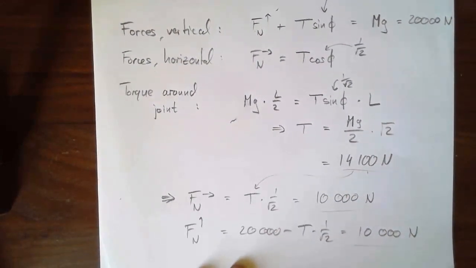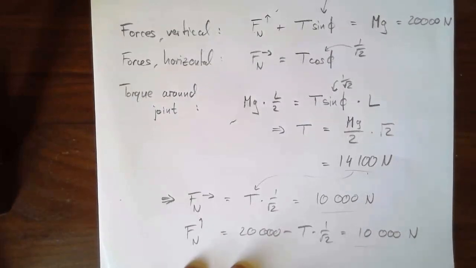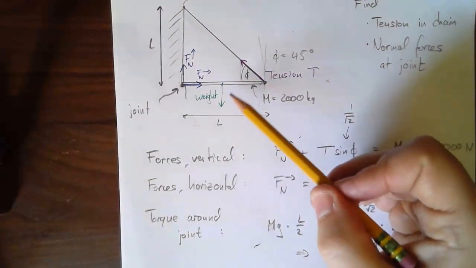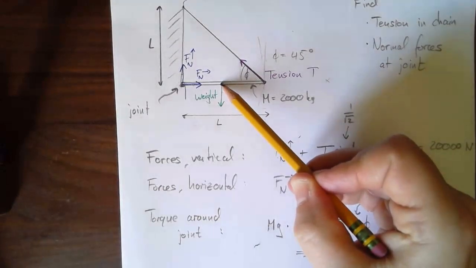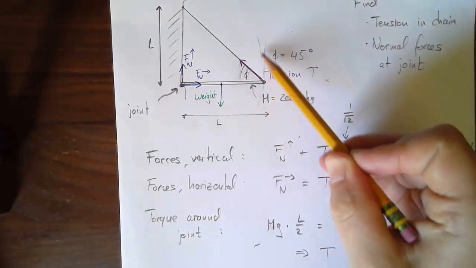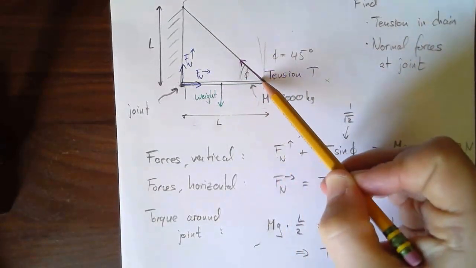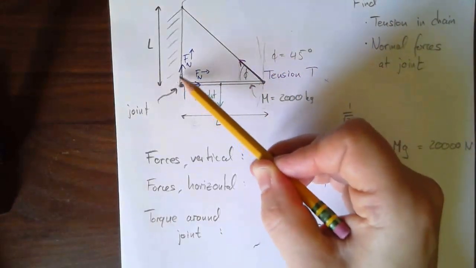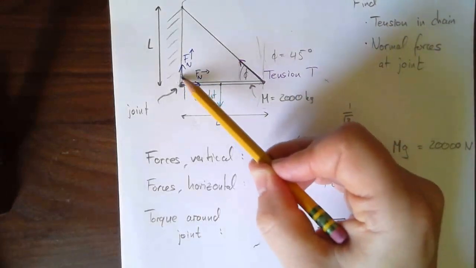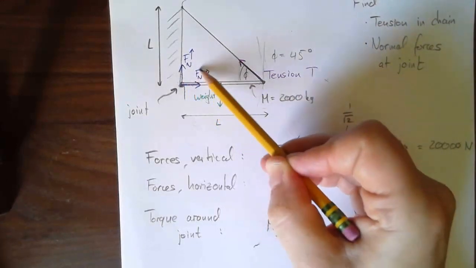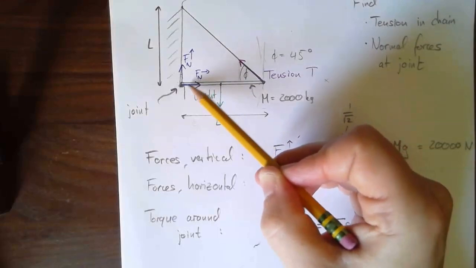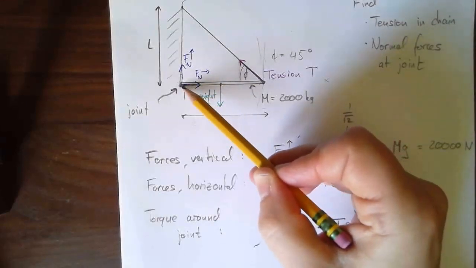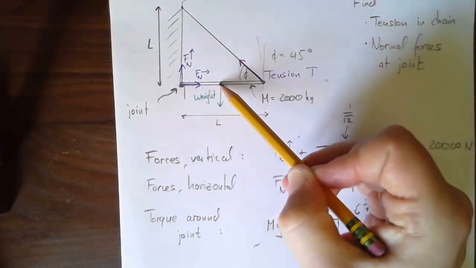Could we have solved this differently? Yes, we could have. We could have written down, say, the torque around this point here, in which case the tension, creating a counterclockwise torque, would have had to be cancelled out by the torque created by those forces. Actually, the horizontal one doesn't create any torque because it's in the wrong direction, right? It's towards the center of rotation.